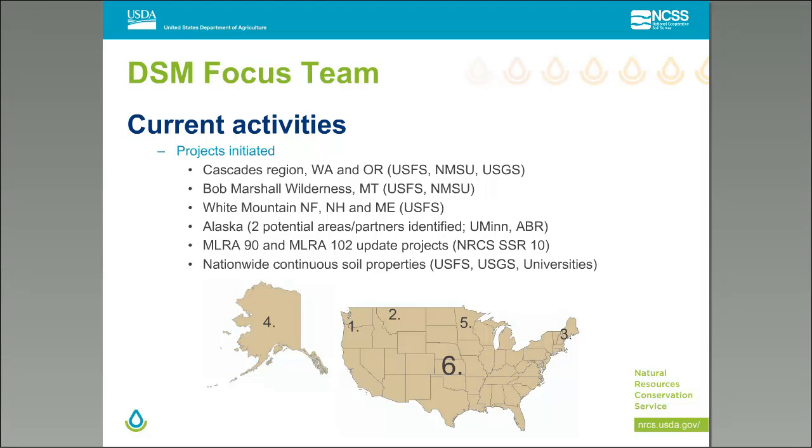This is a collaboration between Forest Service and New Mexico State. Well, NRCS is clearly involved in all of these, but those are our partners. There's a project in the White Mountain national forests in New Hampshire and Maine with Forest Service.